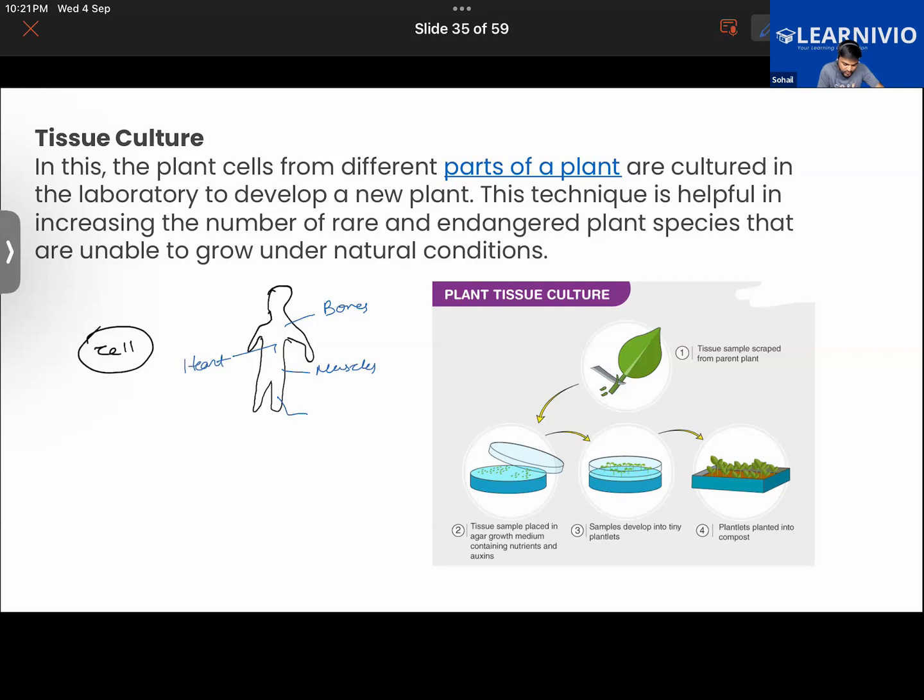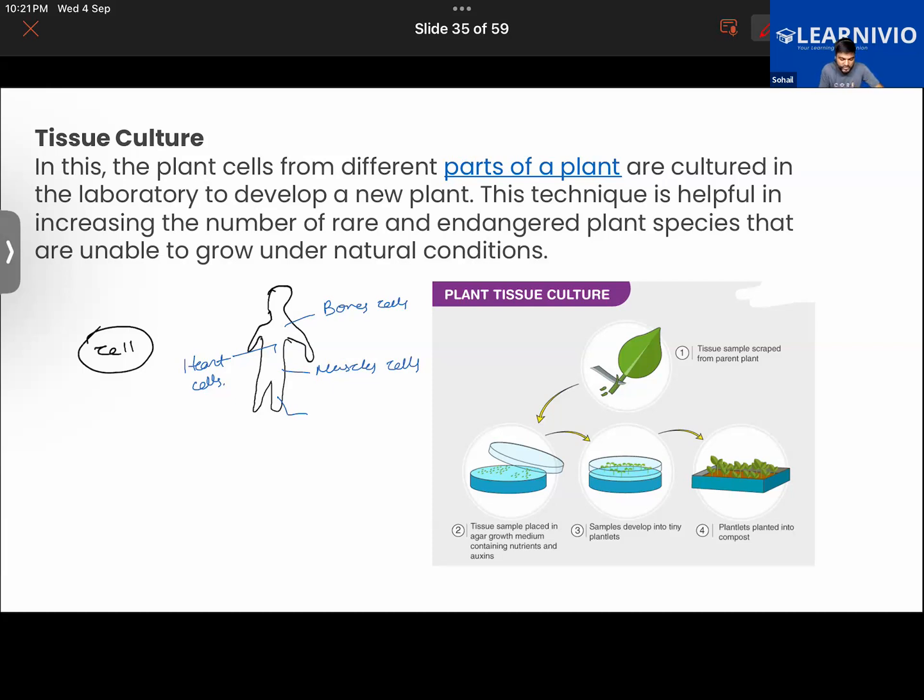Bones are made out of bone cells, muscles are made up of muscle cells, and the heart is made out of heart cells. So cells of similar type and similar structure come together to form a tissue. Getting my point?